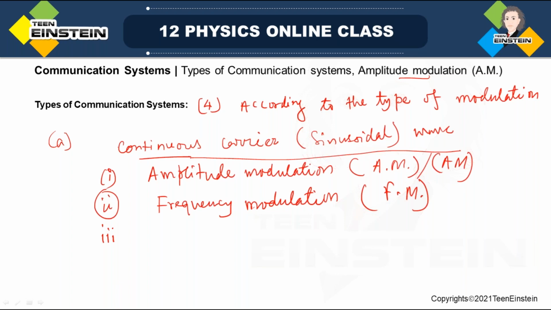These are actually involved with continuous carrier wave. Phase modulation, in short, is PM. So AM and PM you have both here. PM is not for post meridiem, this is with the phase modulation. M for modulation, P for phase.